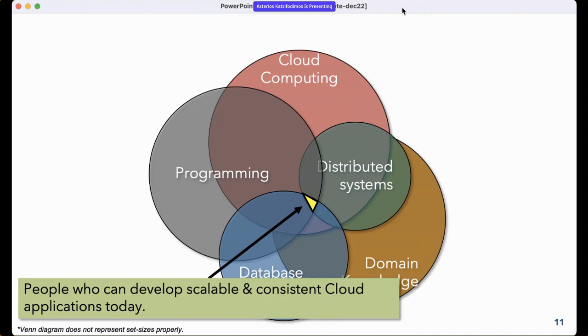In fact, if you want them to have all of these, they are going to be extremely expensive to hire. In academia, we wouldn't even have a chance to hire such people. And in the end, they are going to be joining the Googles and the Amazons of the world. So what do we do?